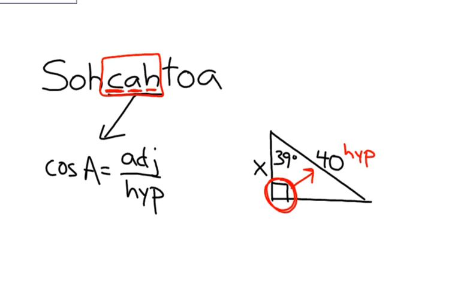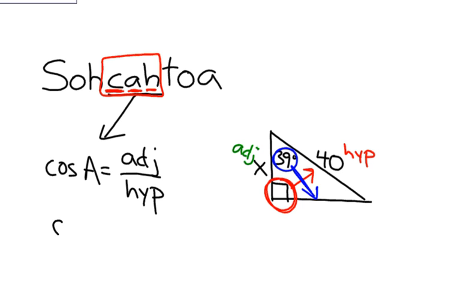The angle is 39. Across from that is the opposite side, which is blank on this problem. And then the leftover side is the adjacent. So I use cosine because I have the adjacent and I have the hypotenuse. That's what was given to me. I can't use blank sides, so I don't want to use the opposite side.